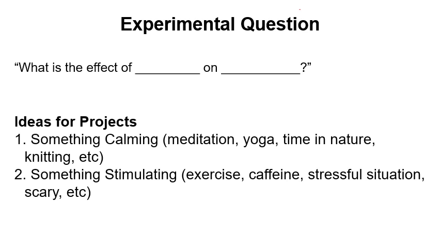And then other projects tend to group more into something stimulating, like exercise or caffeine, stressful situation, something scary, extreme temperature, or something like that. So what is the effect of one of these either calming or stimulating things on some aspect of human physiology? And then we measure some aspect of human physiology to see what the effect is.